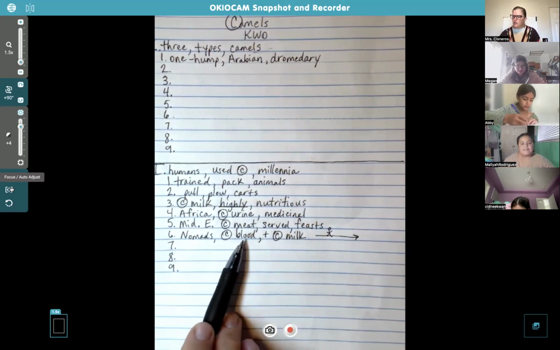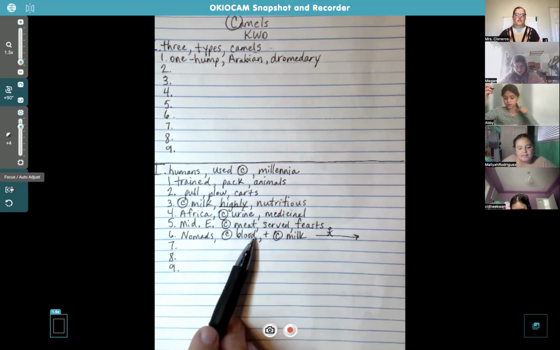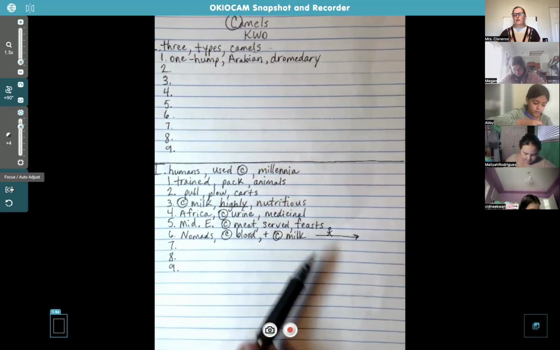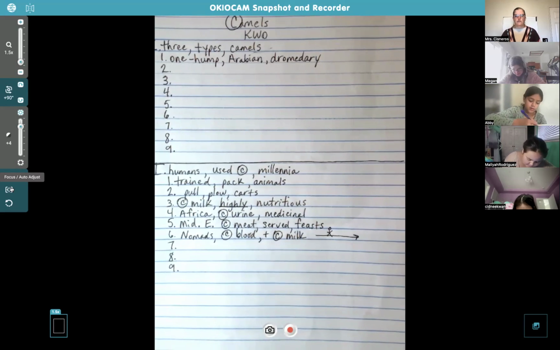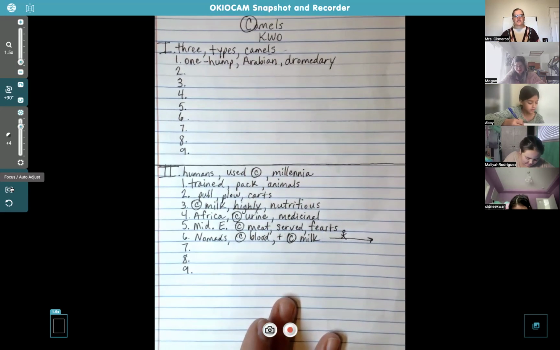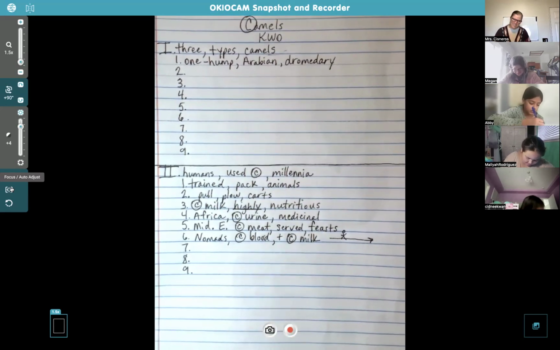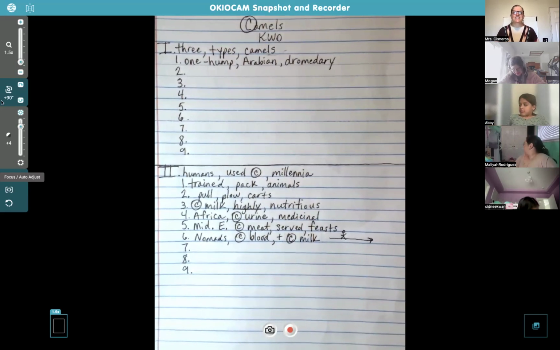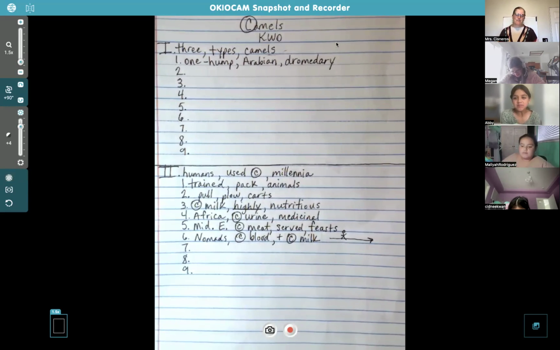So sea blood plus sea milk, just to remind us that it's the camel blood plus the camel milk mixed together. That sounds gross. Super gross. I hope people don't drink that. Well, I kind of think they do. Oh no. But it's not in America, so we can be glad about that. I'm guessing it tastes bad. I would think so. Yeah.